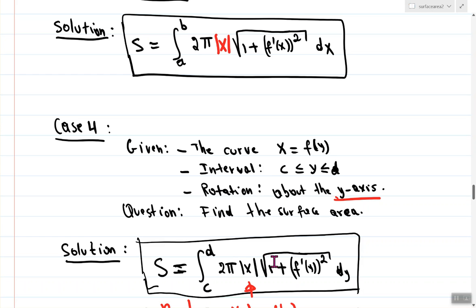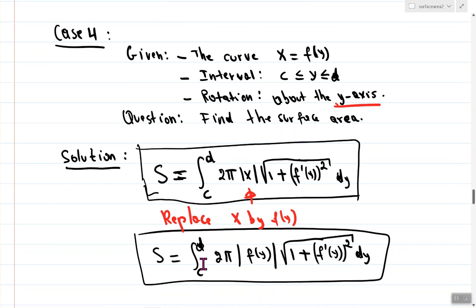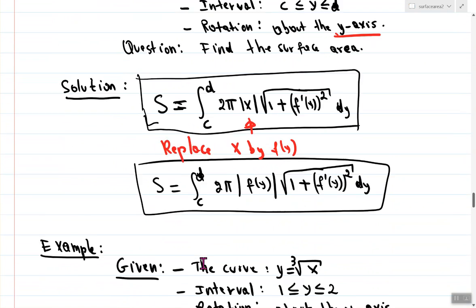But since they gave us the interval in terms of y, the arc length element is going to be the square root of 1 plus f prime of y squared dy. We integrate from c to d. So this is a case where x will be replaced by f of y, so that everything is consistent in terms of y. So that's case 4.